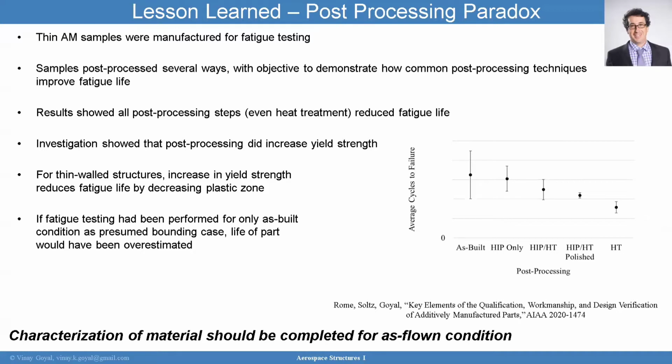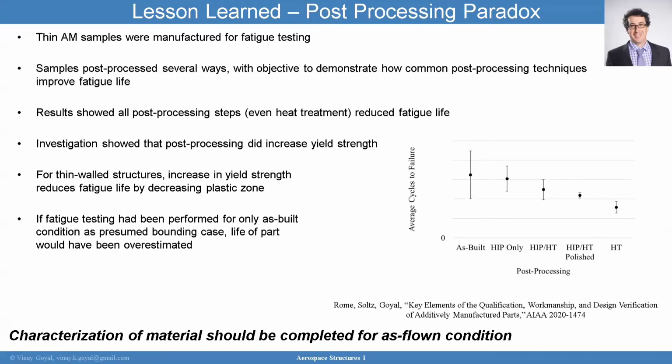So generally, if you want the best performance, you will HIP it, which is hot isostatic pressing, which will collapse the voids internally to increase your density. You'll do a heat treatment, like this was for Inconel 718, that will increase your strength. And a lot of times you'll polish the surface to get a better surface finish. You would expect that if you're doing fatigue testing, and these samples were not, but it's still fatigue testing, that HIP, heat treatment, and polishing your samples is going to give you better results.